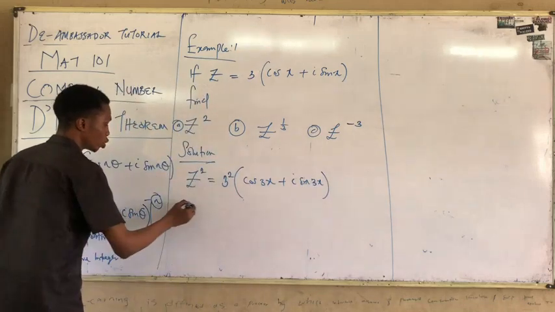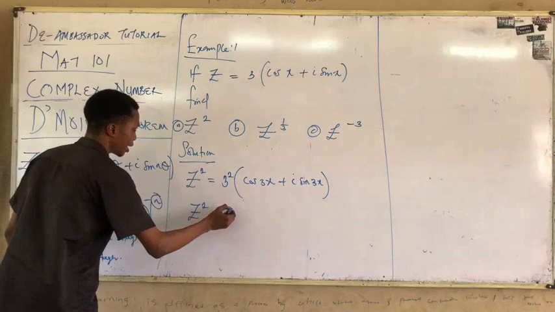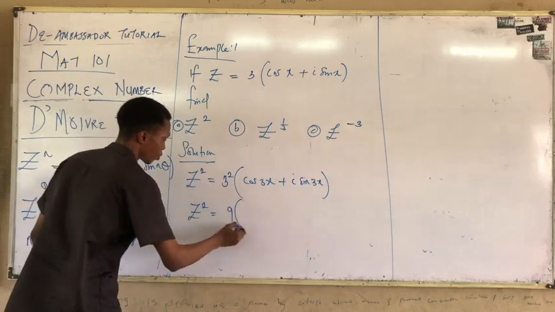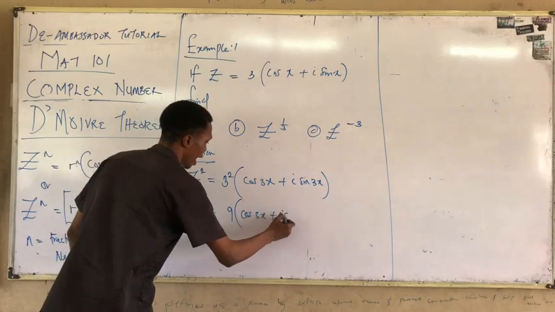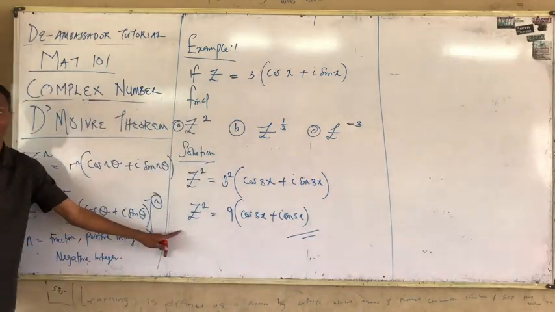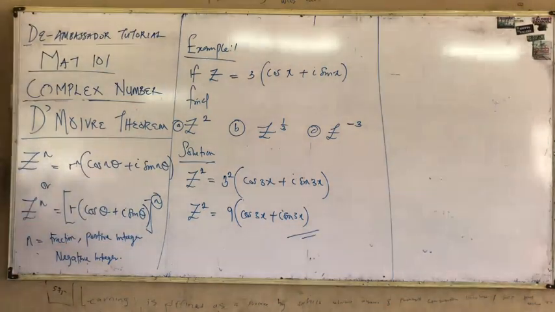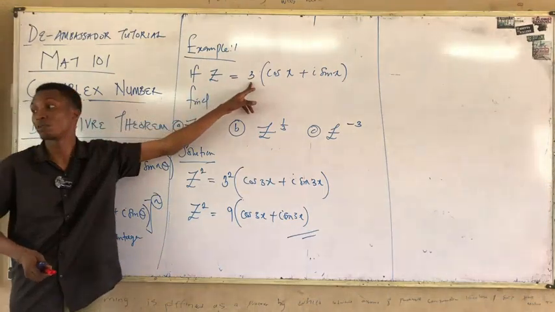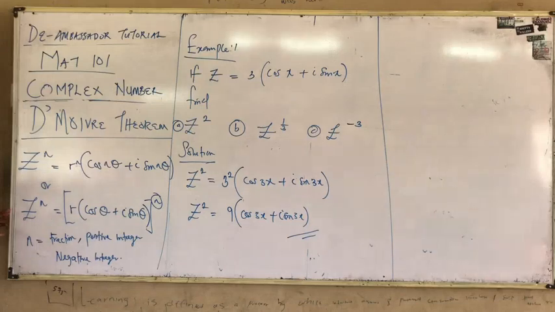Are you seeing that? So am I done? No. What's this? 9 in bracket cos 2x plus i sine 2x. The 3 is coming from the question now. Let me come again.